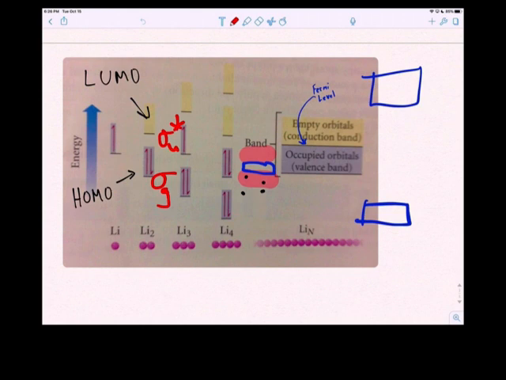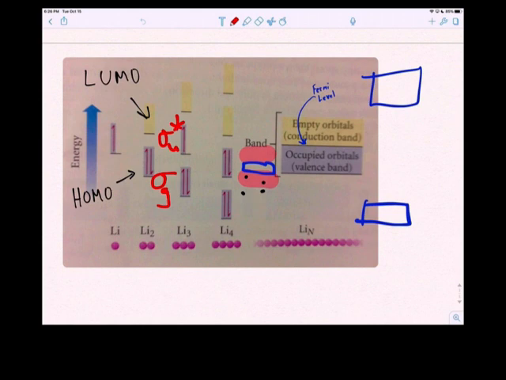Now, if you have three lithium atoms, you get more molecular orbitals forming. Four atoms, you get different ones. And why do these form? From last semester, the electrons and the protons come together, and the electromagnetic fields of the protons and electrons form molecular orbitals, and the atomic orbitals go away.